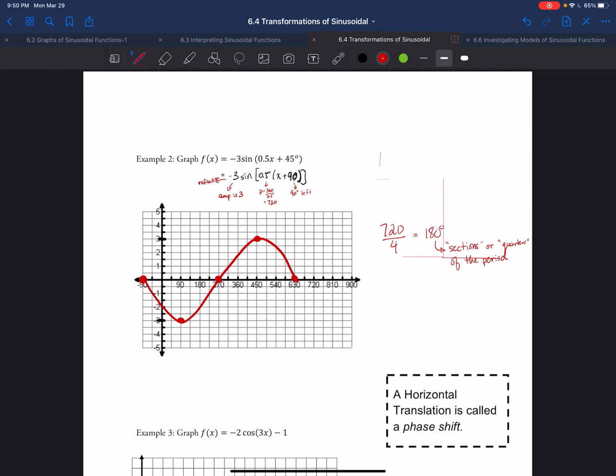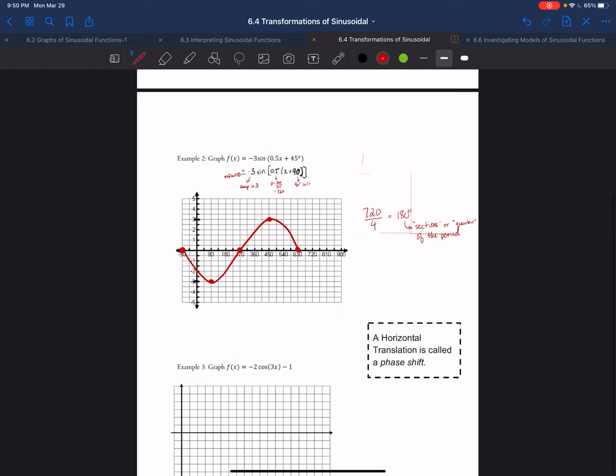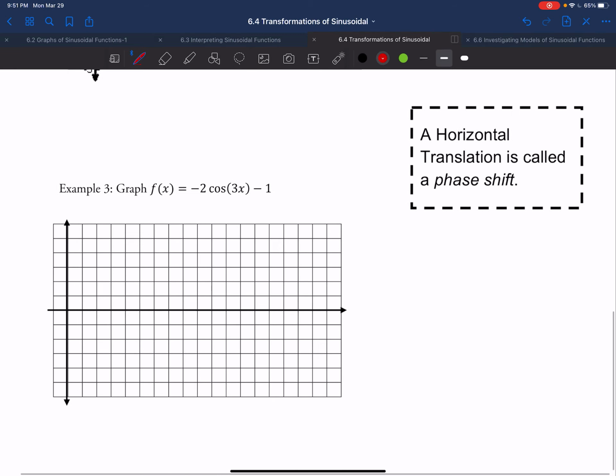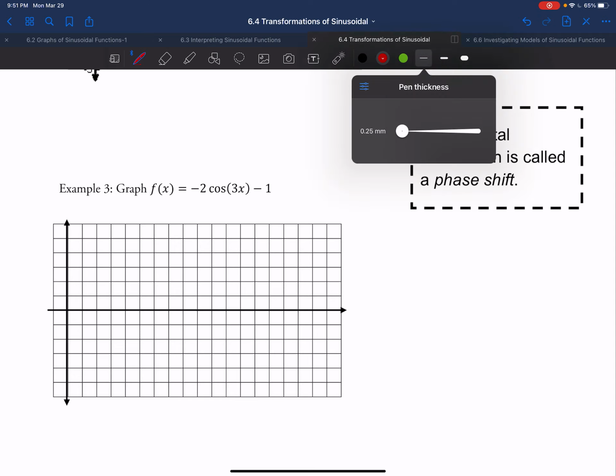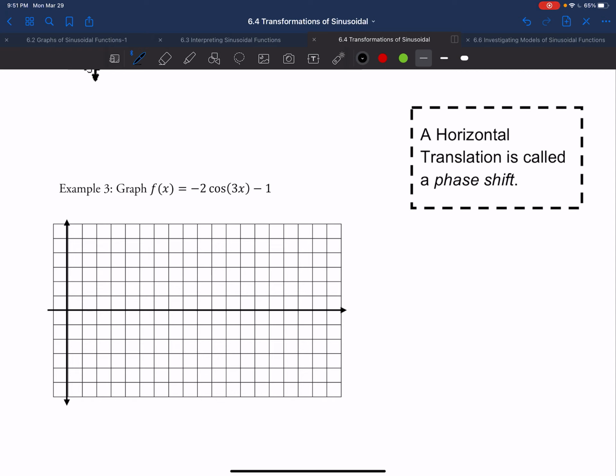Okay, so just remember that you don't have to do the mapping rule. You can do what I did over there. But I'm going to show you the mapping rule for this one, and then you can decide what you want to do. So the mapping rule is the same thing that we've done before. It's whatever's happening to x and whatever's happening to y.